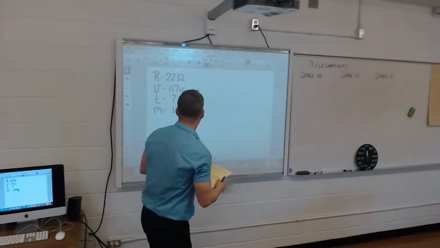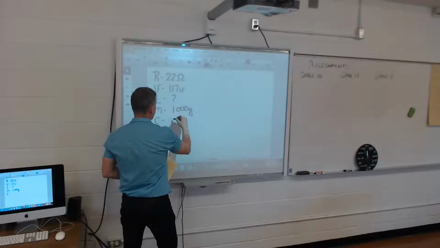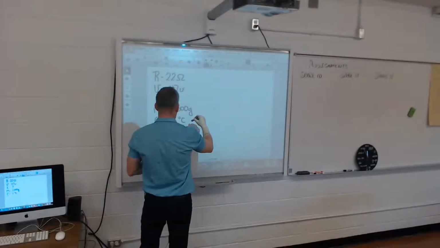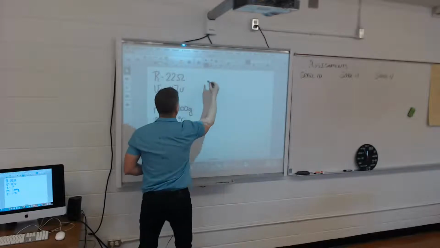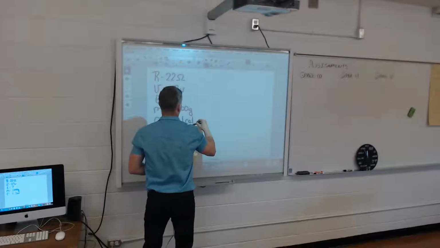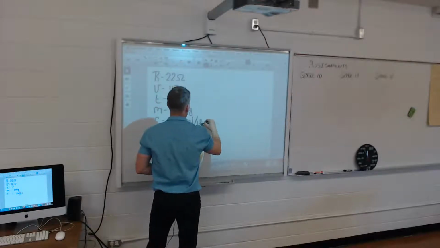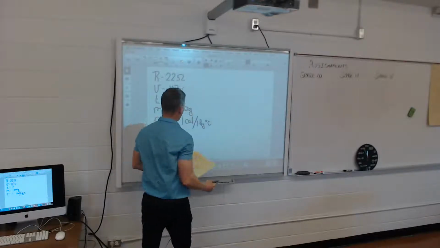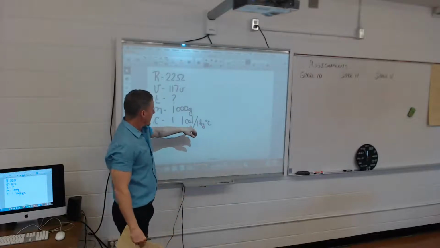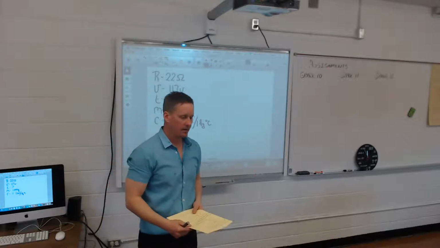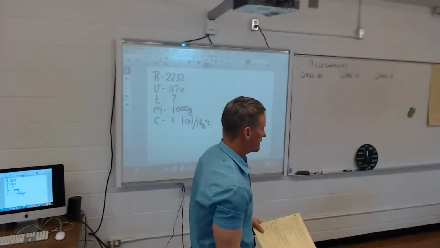We're talking about water. So the specific heat constant for water is, it takes 1 calorie of heat to raise the temperature of 1 gram of water 1 degree Celsius.